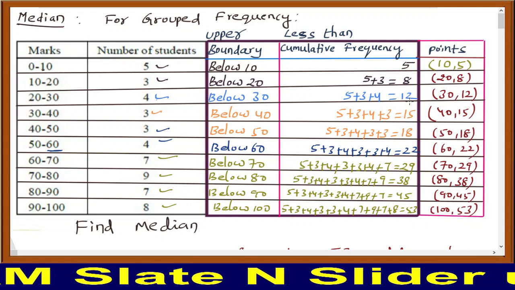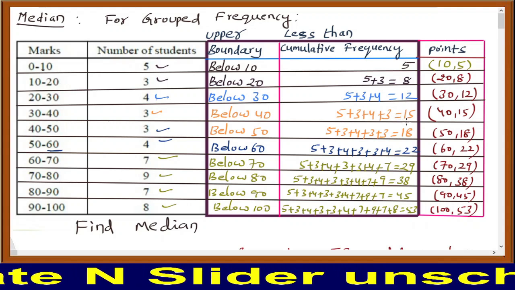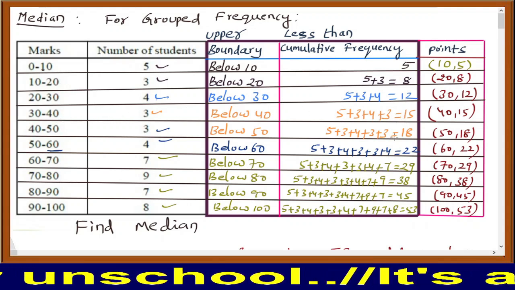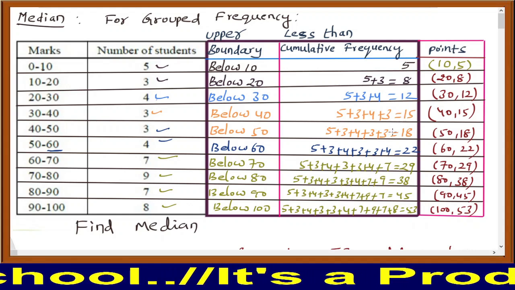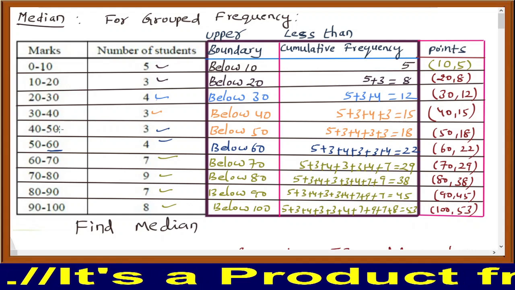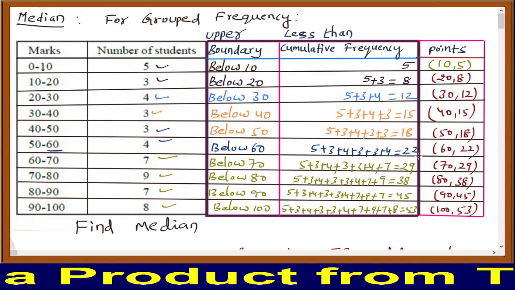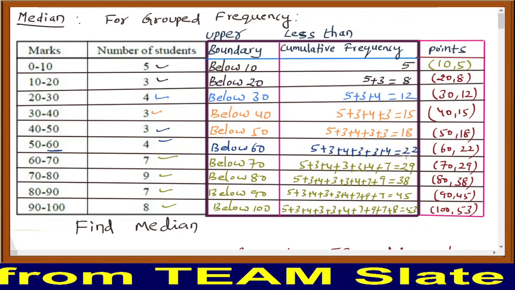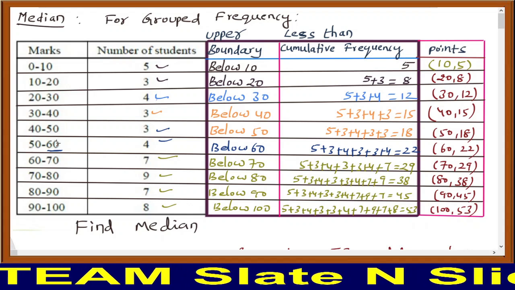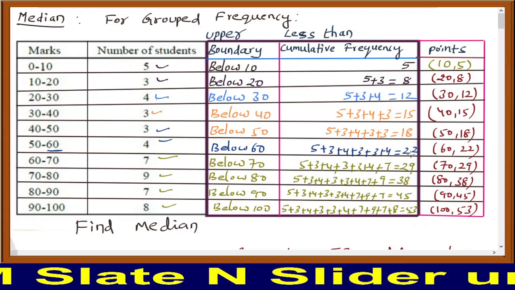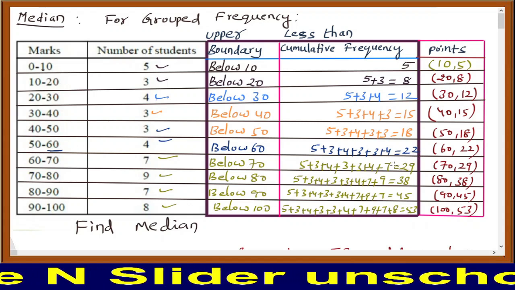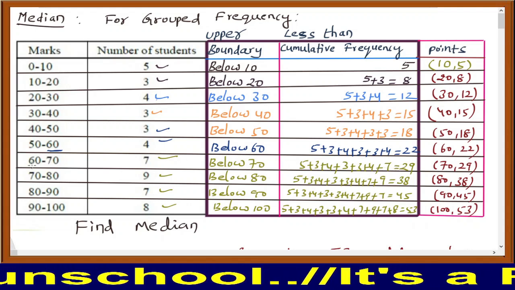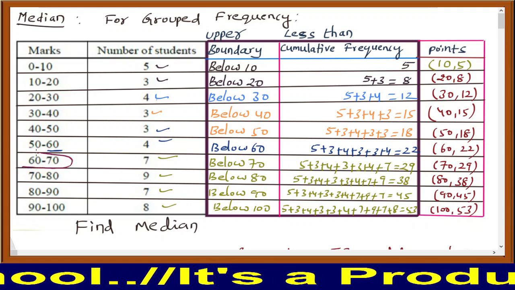After the 12th, the 13th, 14th and 15th terms will be 30 to 40, and after the 15th, the 16th, 17th and 18th terms will be 40 to 50. After 18 we get 19, 20, 21, 22, these 4 terms will be 50 to 60, and after 22, the 23rd, 24th, 25th, 26th and 27th terms will be 60 to 70.